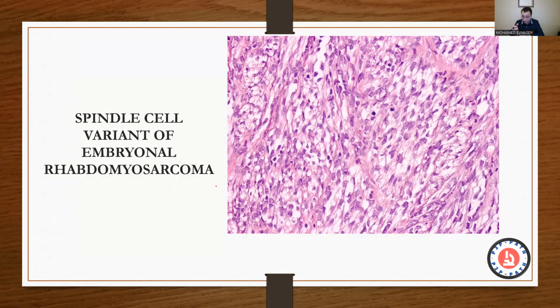GCNIS, seminoma, embryonal, yolk sac tumor, choriocarcinoma. These things you need to clearly remember before taking the next step and trying to do your best in these rare variants or rare entities, like calcifying variant of Sertoli cell tumor, Carney complex, rhabdomyosarcoma, spindle cell variant of embryonal rhabdomyosarcoma, testicular mesothelioma.